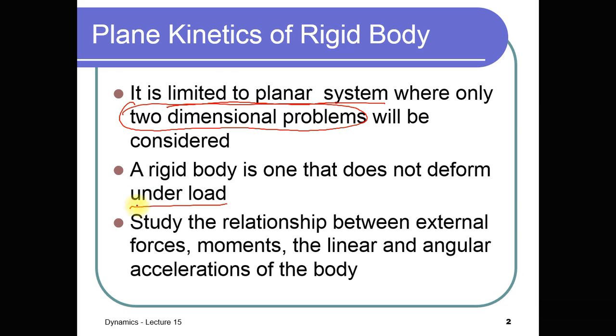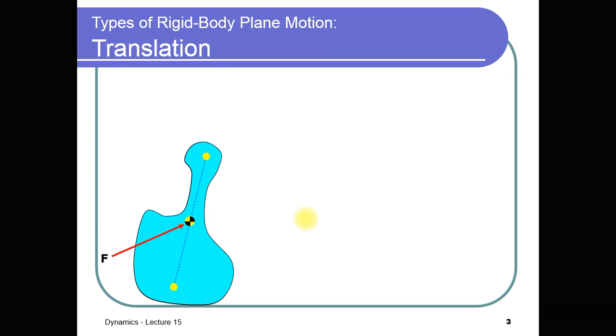What we will have here now is to study the relationship between external forces, moment, and the linear and angular acceleration of the body. This is some sort of revision from our previous understanding in terms of translation.